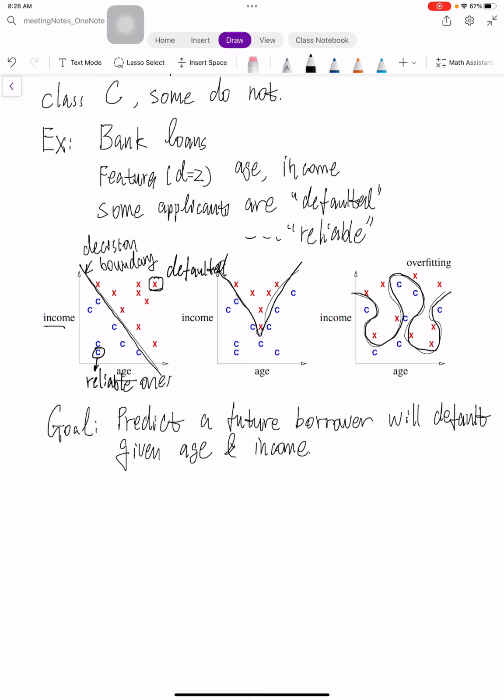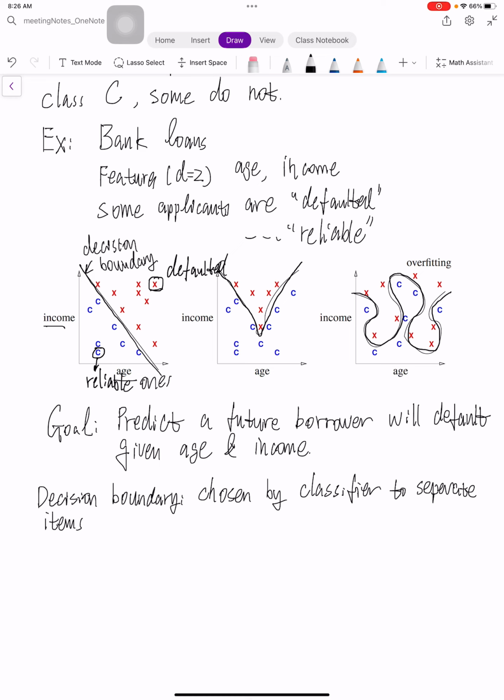A classifier's goal is to find a decision boundary, chosen by the classifier, to separate items in class from those not in the class. Okay, so that's the decision boundary.